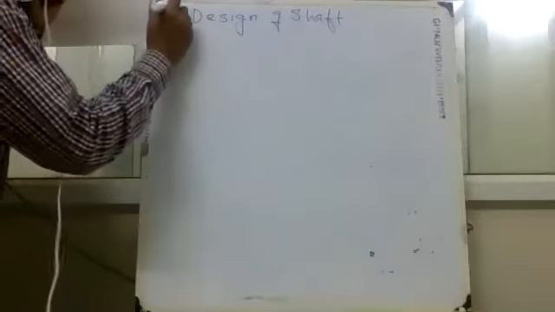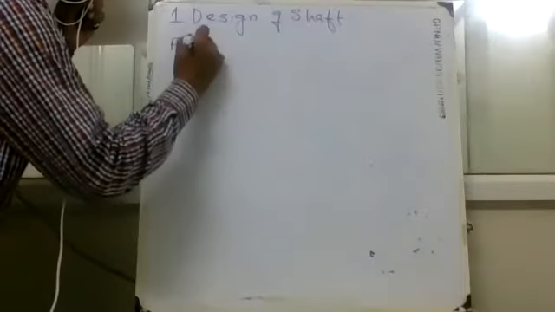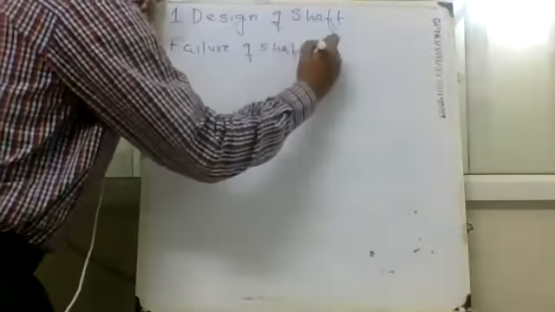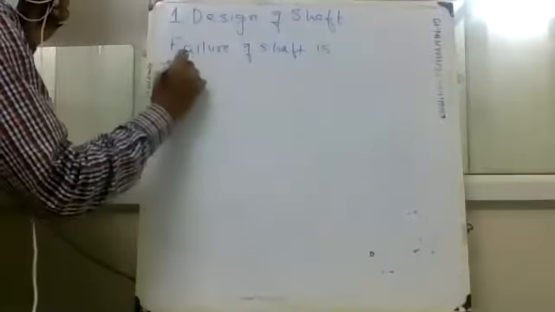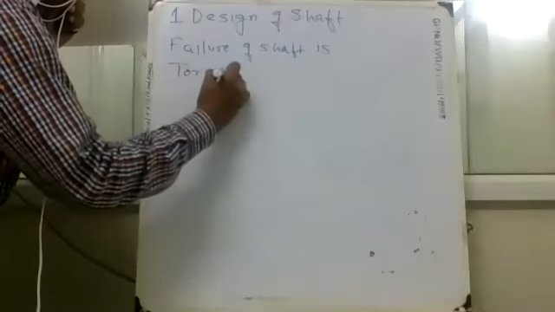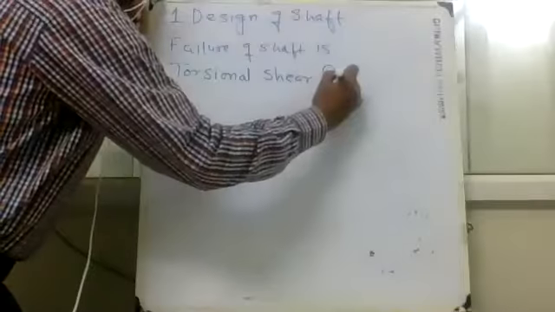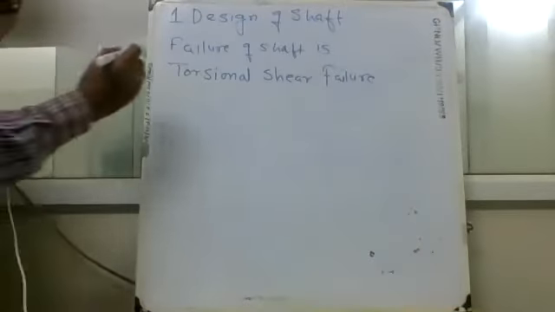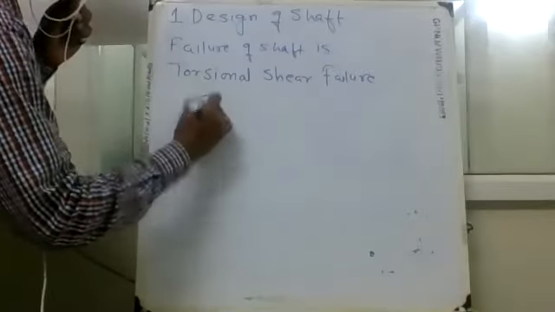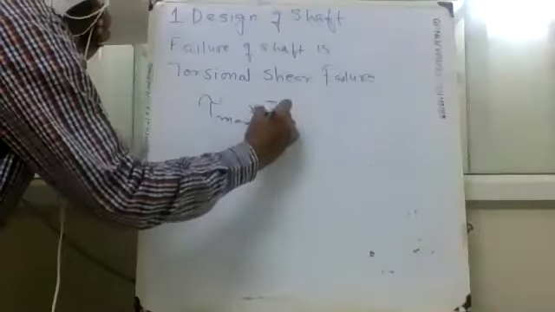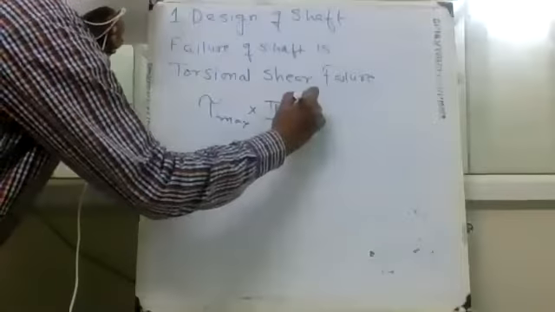Now the shaft is subjected to torque. So the failure of the shaft is torsional shear failure. When we say torsional shear failure, obviously we are interested in this equation: tau max into pi by 16 d cube.